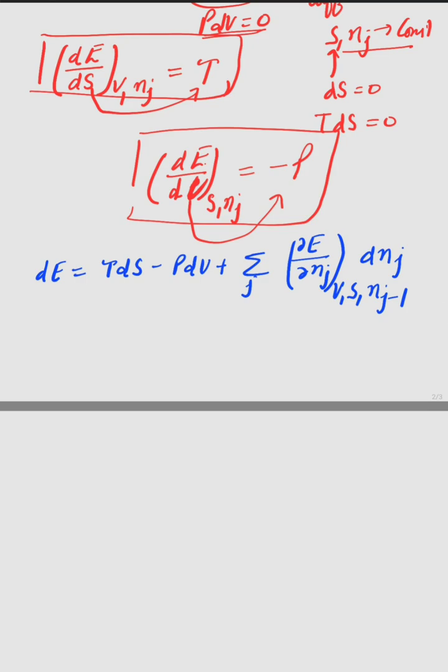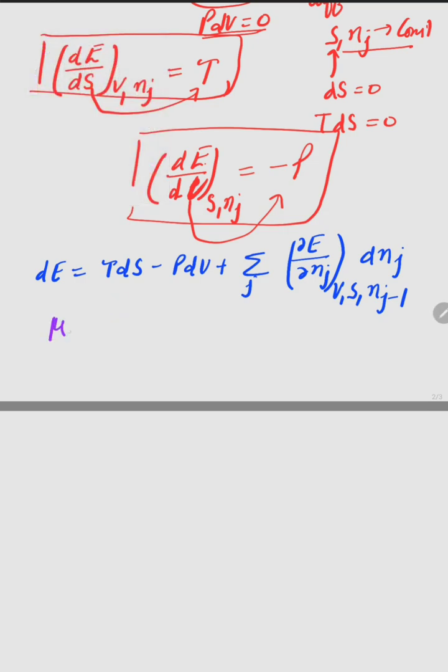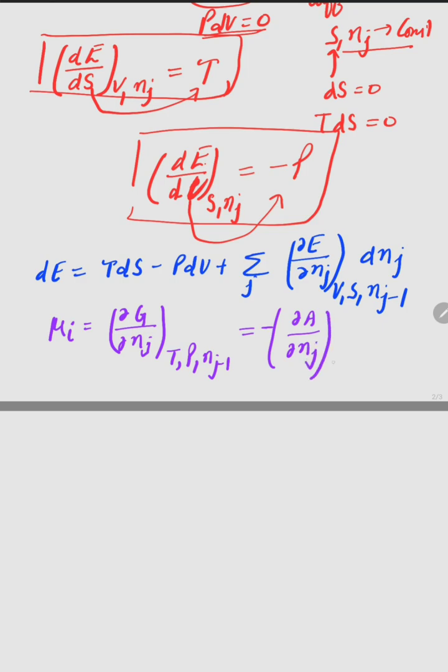Now, what is chemical potential? There are different relations for the chemical potential. Chemical potential is equal to the change in Gibbs free energy with number of moles, as we already studied, at constant temperature, pressure, and number of moles. But this is also equal to the negative change in work function with number of moles, when temperature, volume, and number of moles are kept constant.